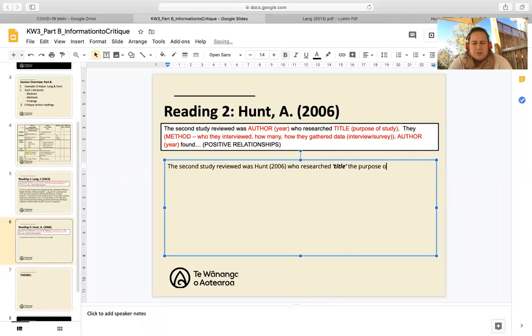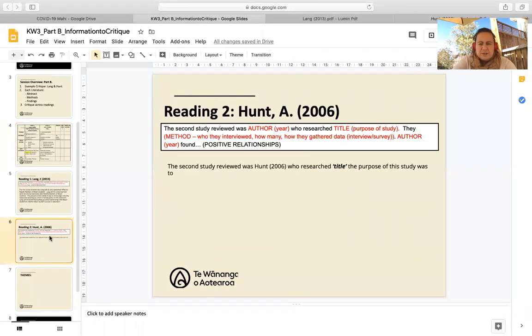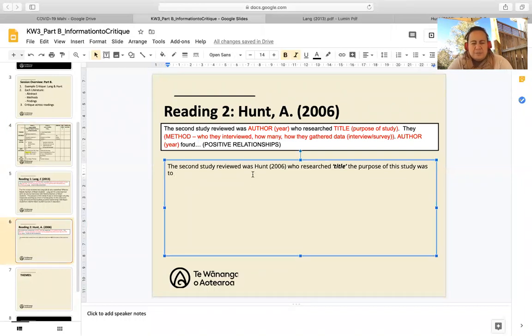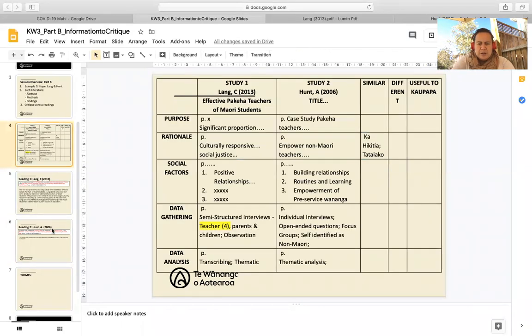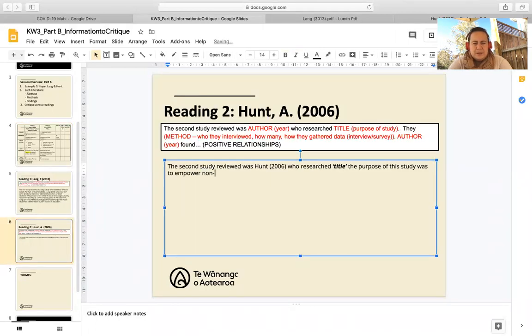The purpose of this study was to, now did I write anything in here? Empower non-Māori teachers. And again, this is just a quick one, and it really depends on the quality of the article and the quality of your reading of the article and your understanding. Method.